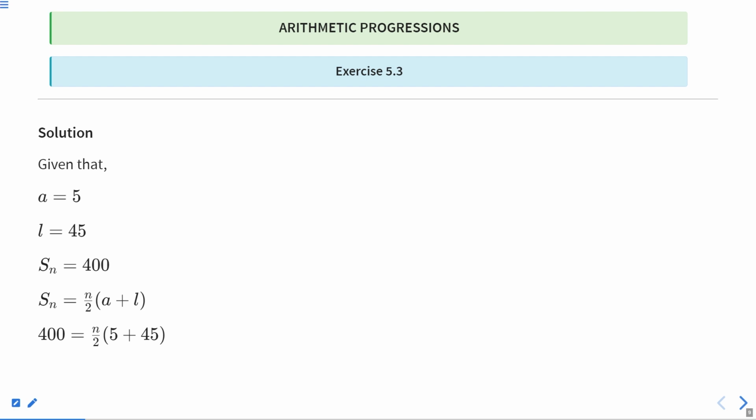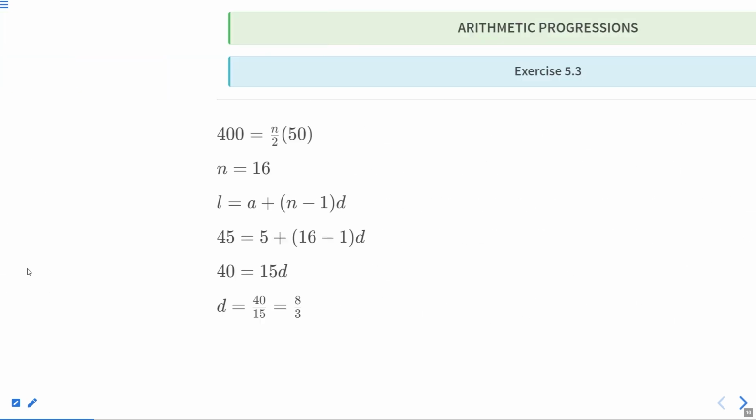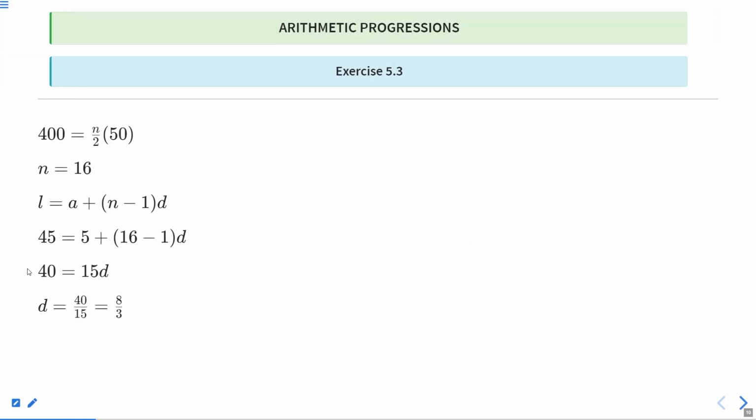Now if we put these values of a, l and Sn, then we get 400 is equal to n by 2 times 5 plus 45. It implies 400 is equal to n by 2 times 50, and it implies n is equal to 16. And now we know the last term, that is the nth term l, is equal to a plus n minus 1 times d.